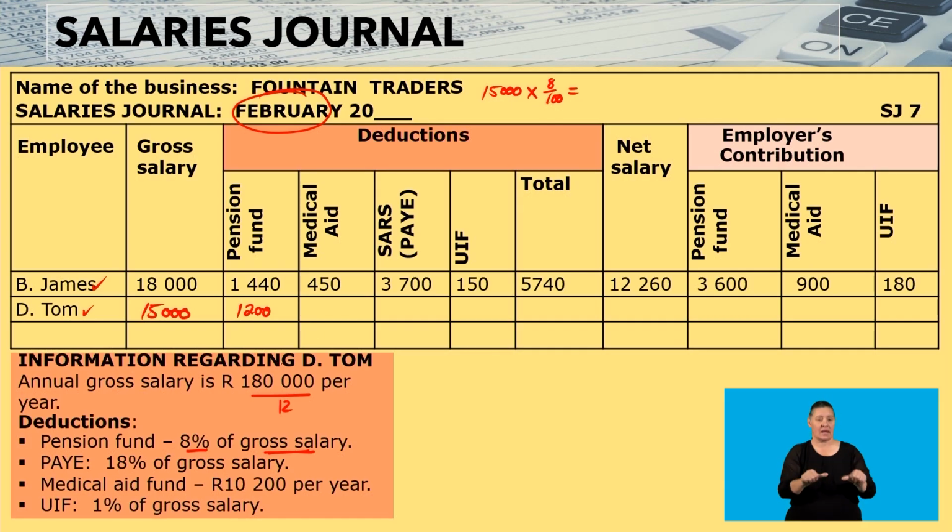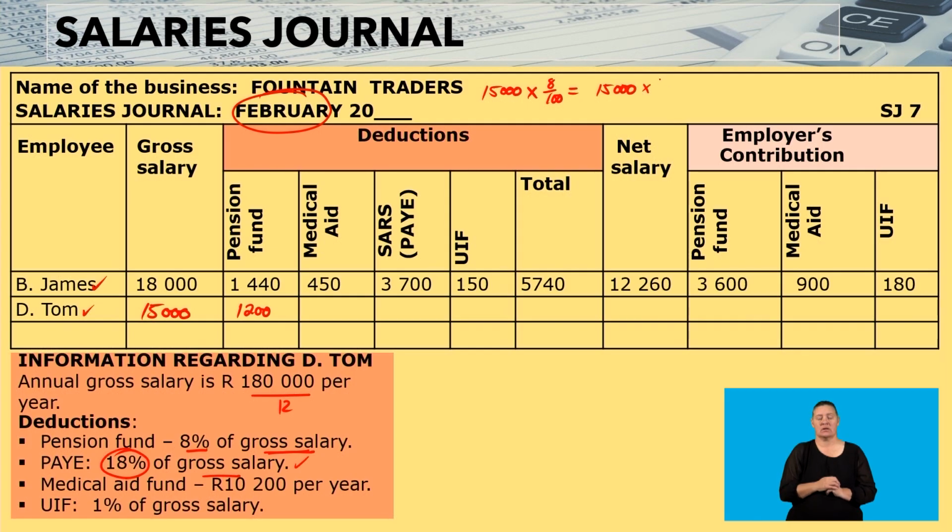The next one that we're going to have is pay as you earn. Remember, we agreed this is paid over to SARS. Then we're going to say the gross salary, then we calculate 18%. 18% of the gross salary. My gross salary in this case is 15,000.